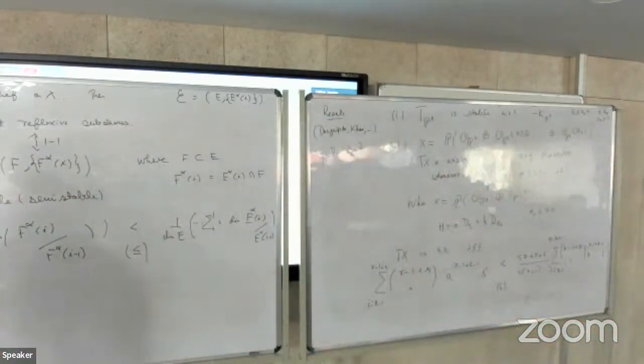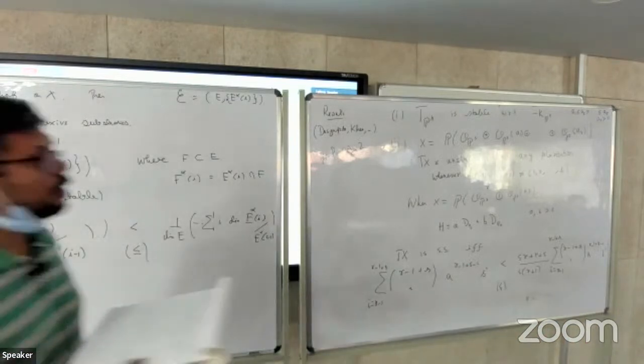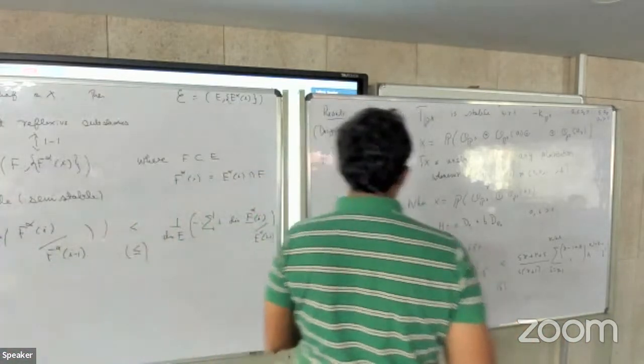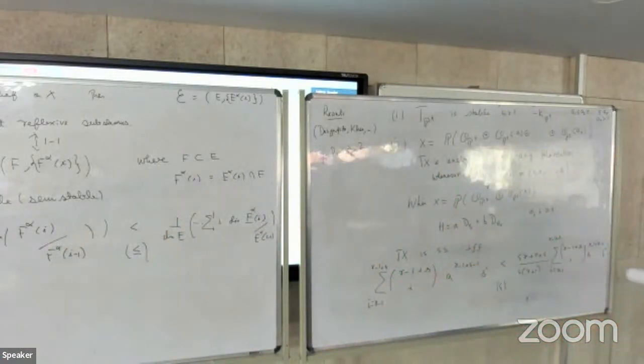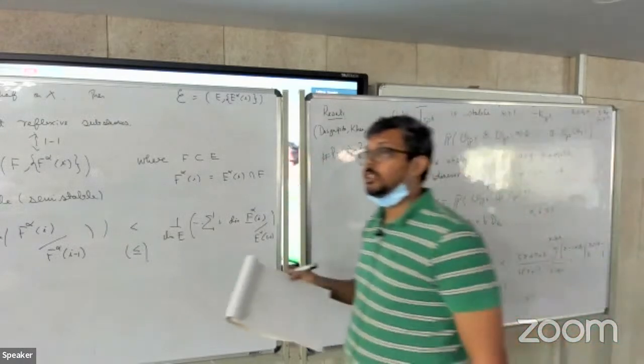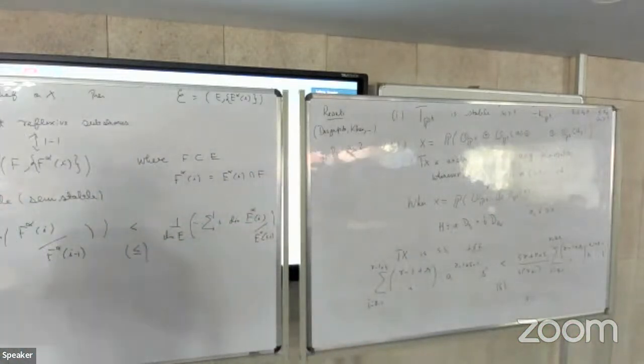So in the other case, T_X is unstable, meaning not semi-stable. So you are giving a full answer for Picard rank 2.